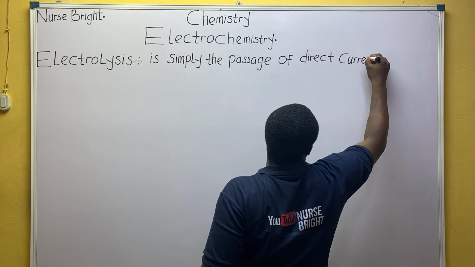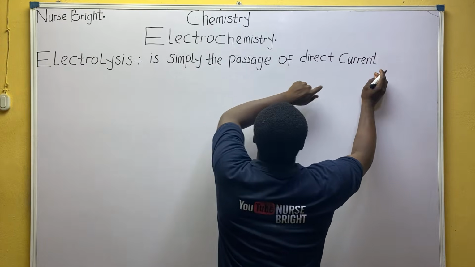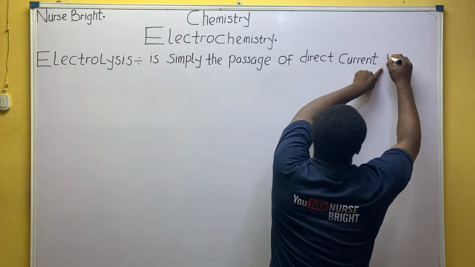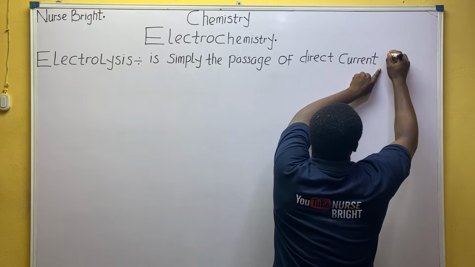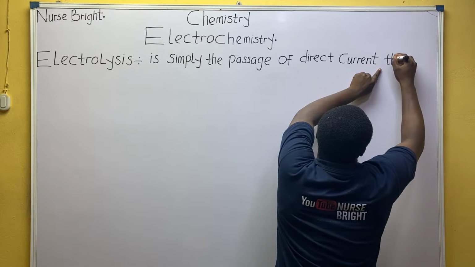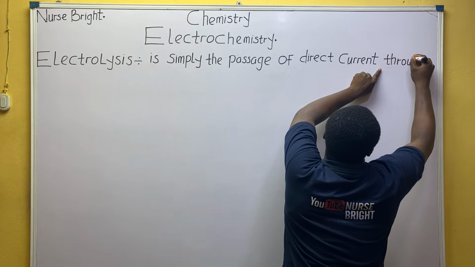In electrolysis, it is simply the passage of direct current, and this direct current is passed through a compound.